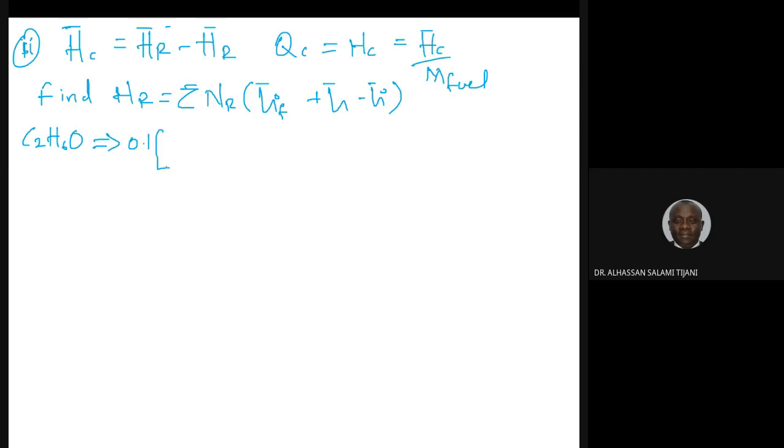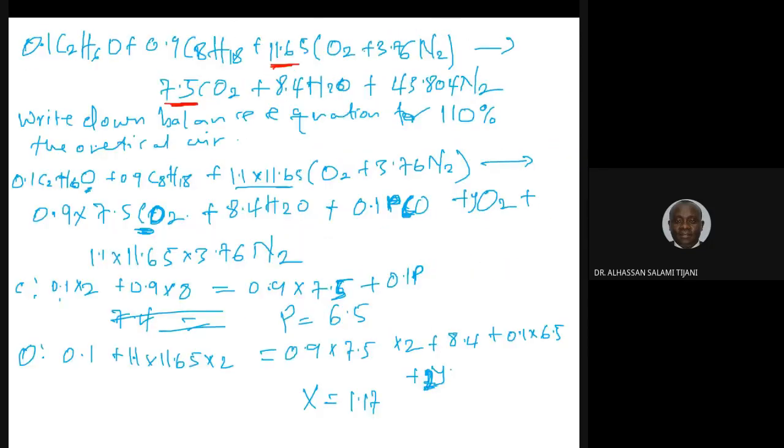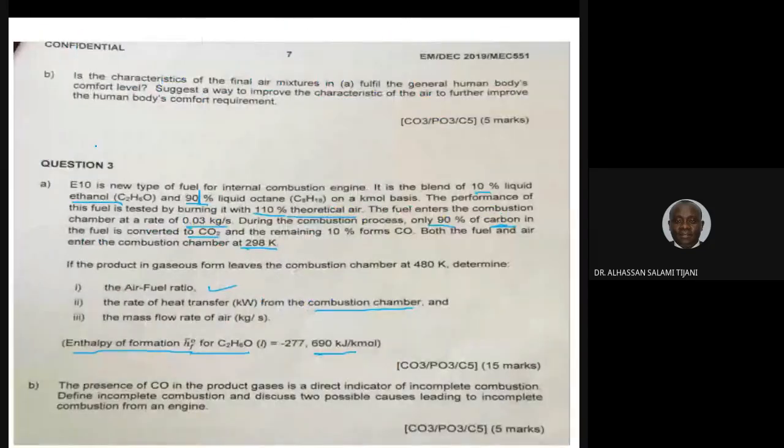Then the enthalpy of formation for this fuel is given in the question. Look, the enthalpy of formation, it's given in the question. Here it is. So the enthalpy of formation for ethanol is given, but octane is not given.